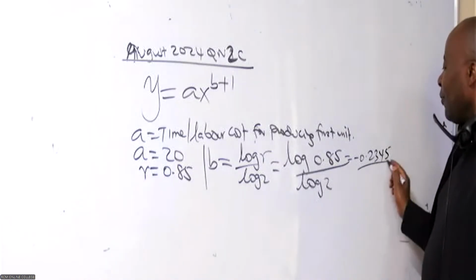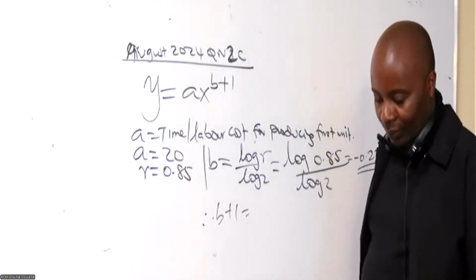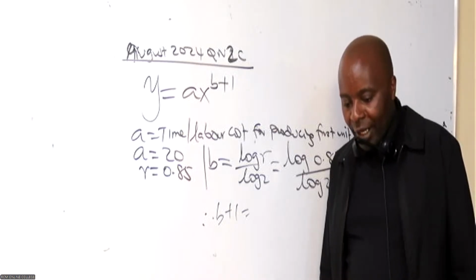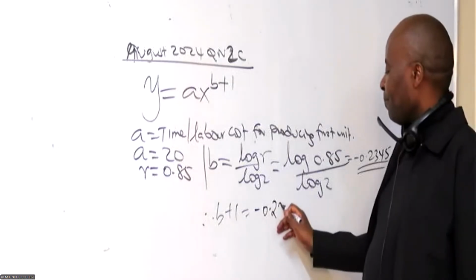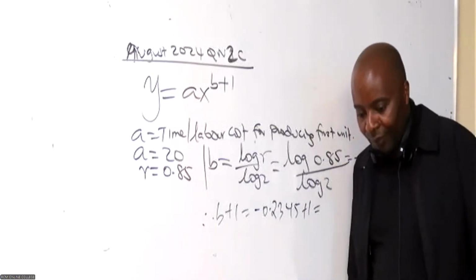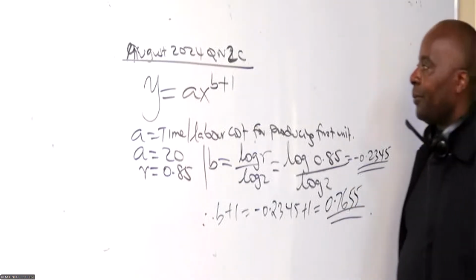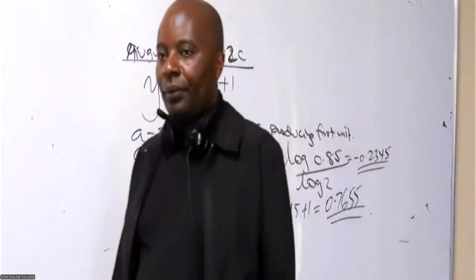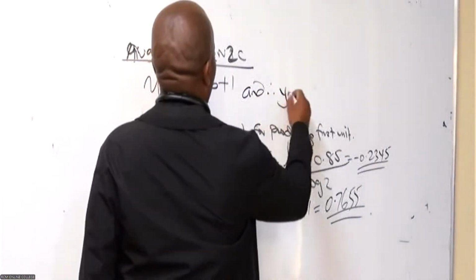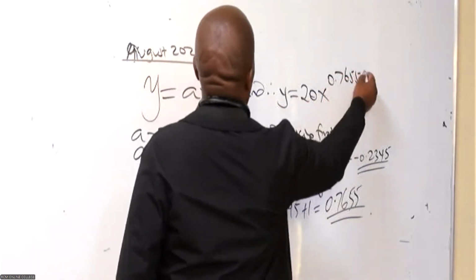And therefore B plus 1 will be 0.7655. And therefore y equals a x raised to 0.7655.